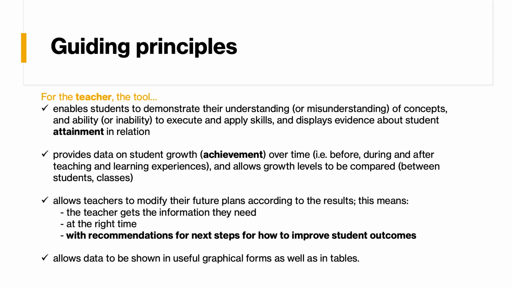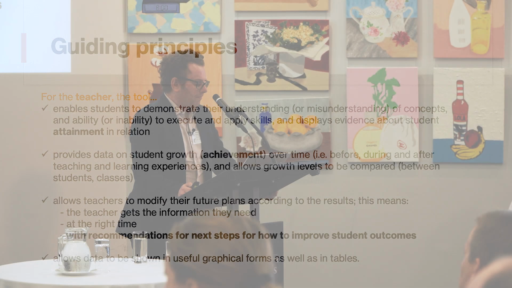Attainment meaning what level a student is at as compared to accepted standards, and achievement meaning how they compare against their own previous performance. So the intention here is to provide teachers with the information that they could find useful at a time that is useful, with recommendations for next steps for how to improve student outcomes.